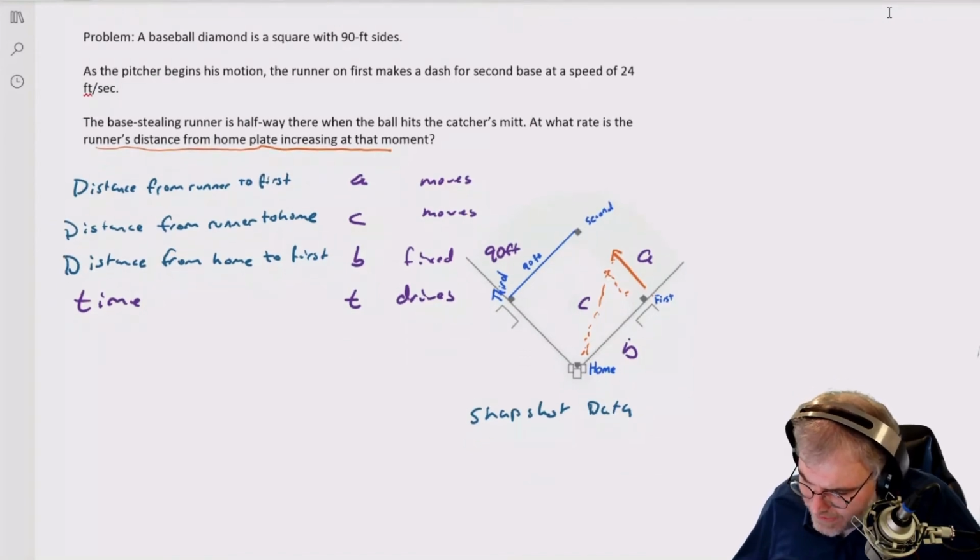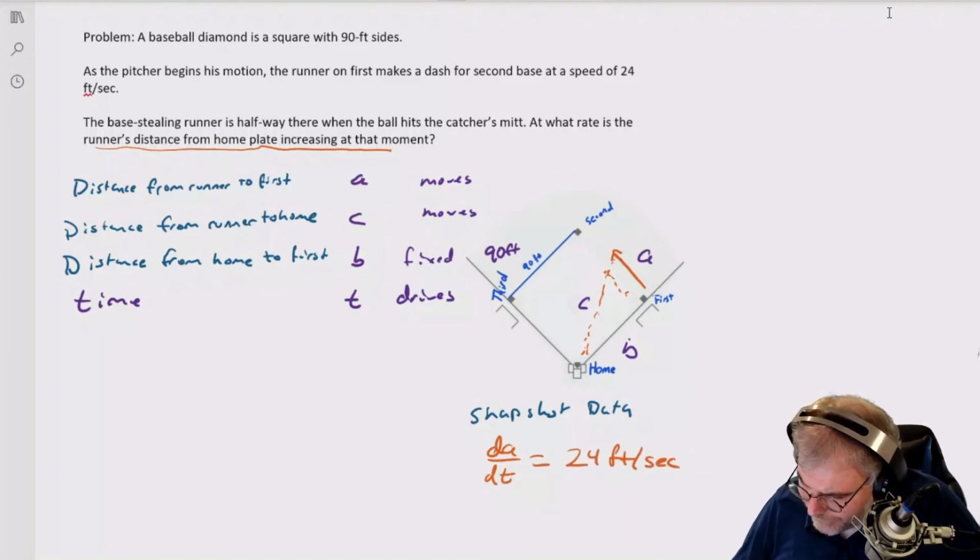Now, my snapshot data, let's just write that down for the moment. I know that dA over dt equals 24 feet per second. Should put some units here: feet, feet, feet, seconds.